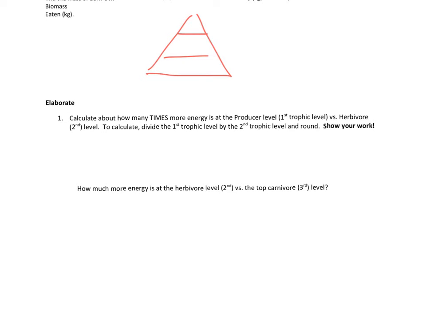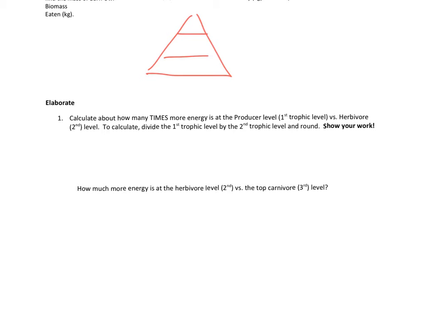is that we want to calculate how many times more energy the producer level is versus the primary consumer or the herbivore level. To do that, you're simply going to take your first trophic level and divide it by the second trophic level and round and show your work.